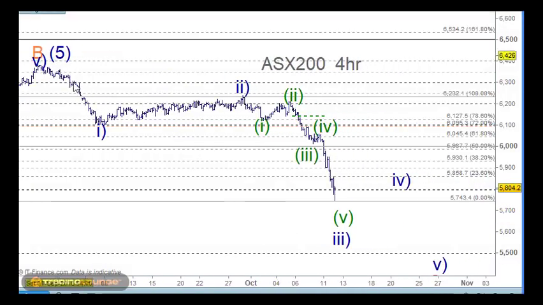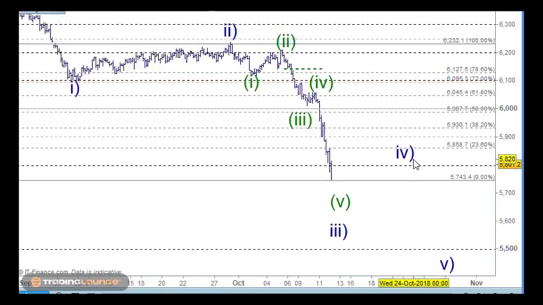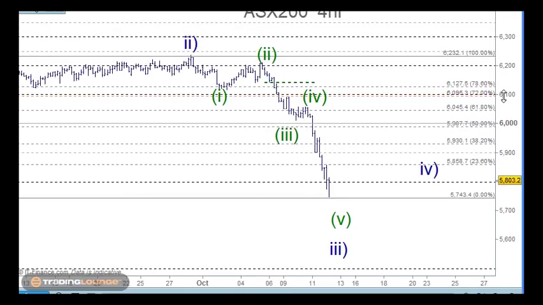So wave 1 and wave 2 here, and I may have to count this differently here. I've just counted it as I've seen it the other day, and that's kind of it really, with a bit of an extension in the 5th wave rather than the 3rd wave here. So I might have to revisit this.